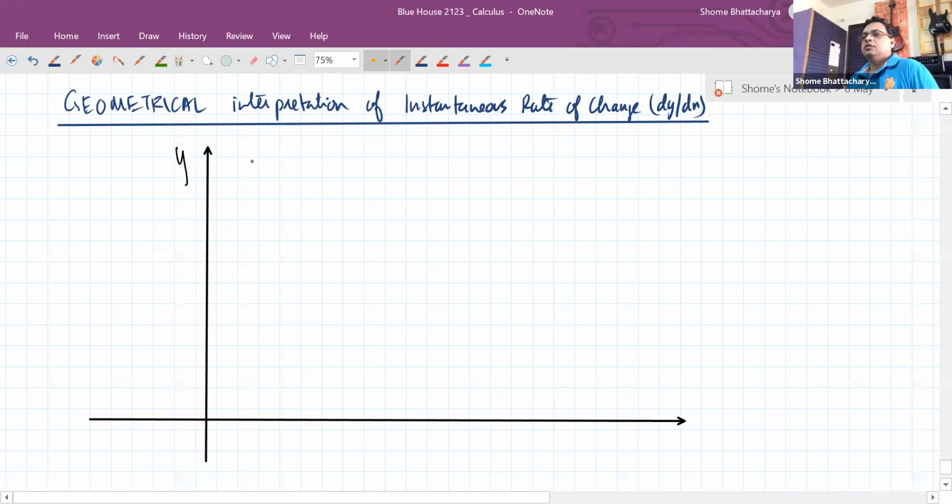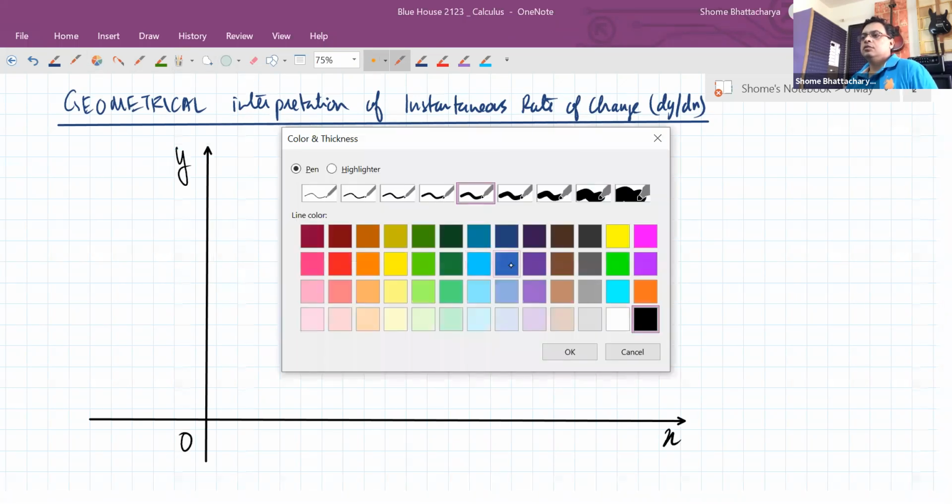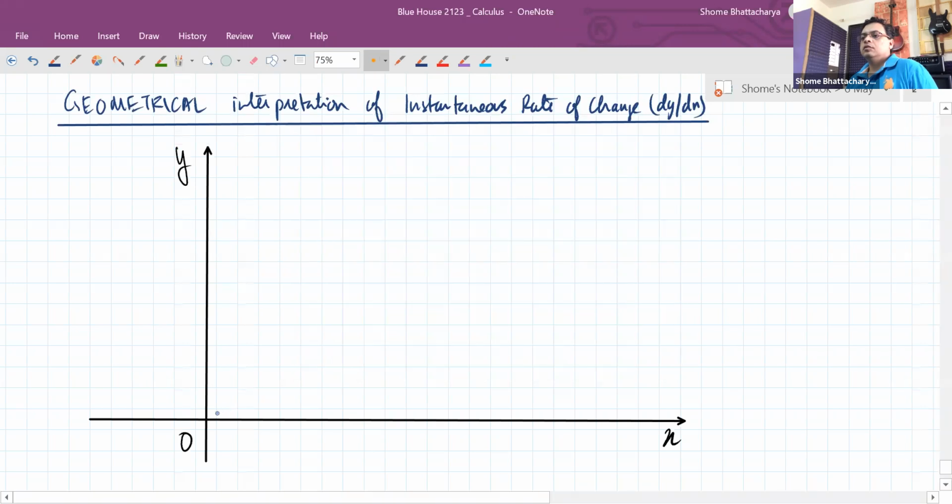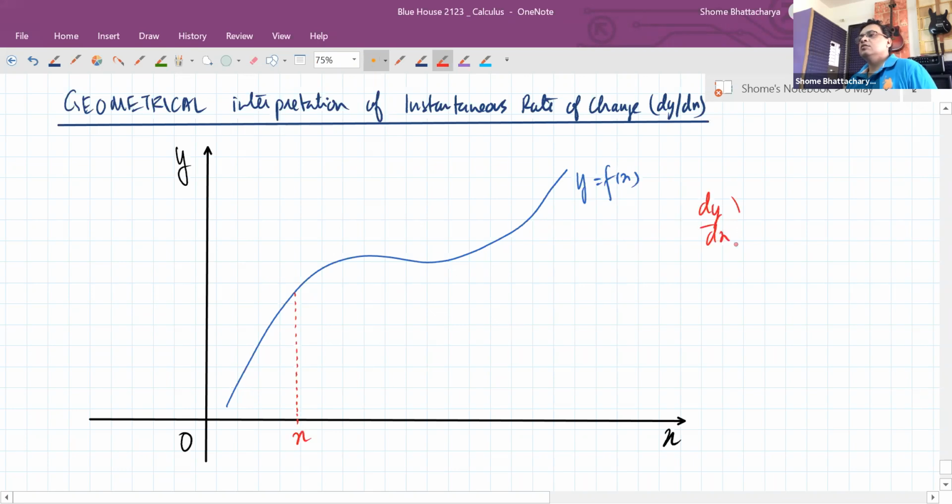So let us say this is the graph for a particular function, y is equal to f of x. And at a particular value of x, I want to find the instantaneous rate of change.